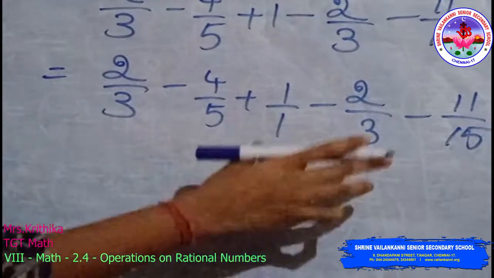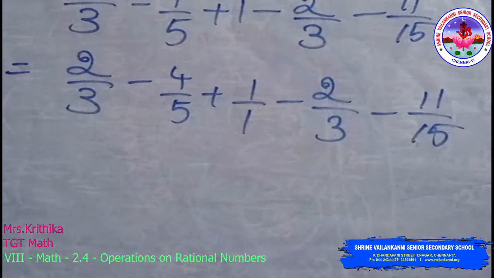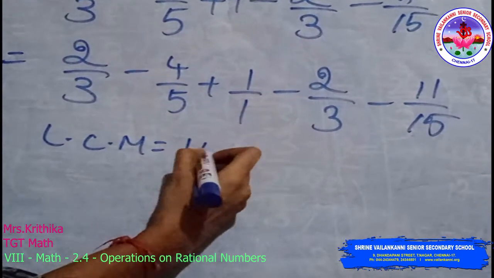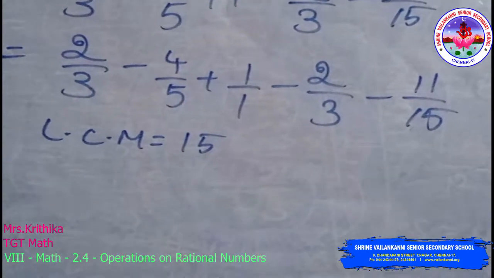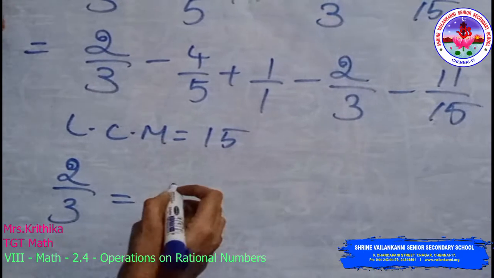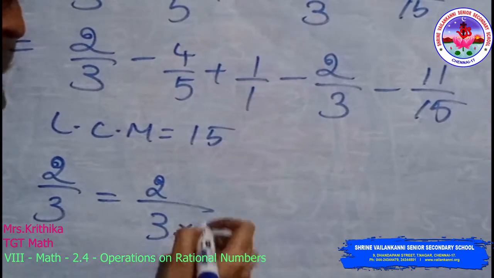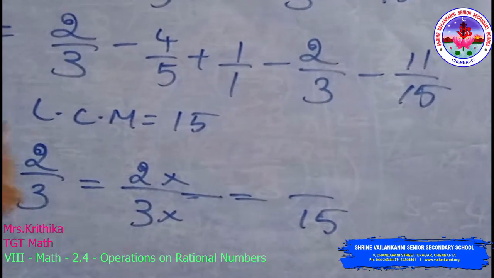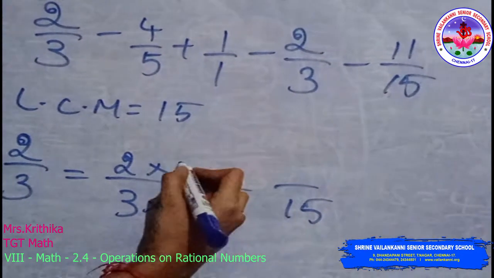Here, check the denominator. The denominators are different, so take the LCM. Here the LCM is 15. Take the first value, 2 by 3, equal to something by 15. In the 3 table, how many times do we get 15? 5 times.